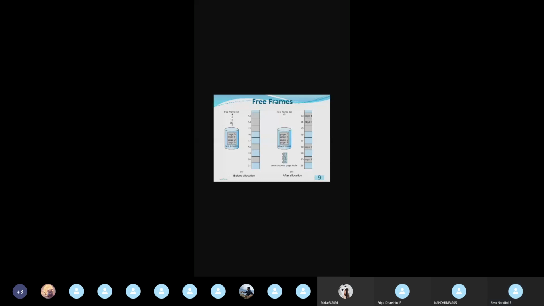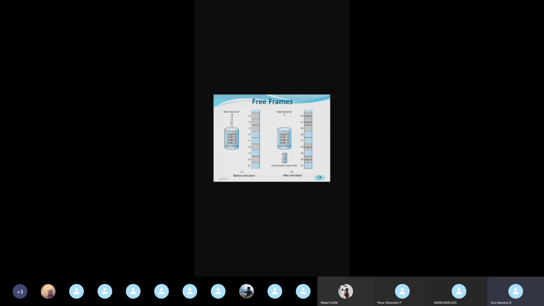For allocating this new process's pages, we need to know what the free frames in the physical memory are. In this before allocation part, in the physical memory, the ash color shaded region represents a free frame. So we have to know what the free frames are. In the free frame list, we have 13, 14, then 18, 20, 15.